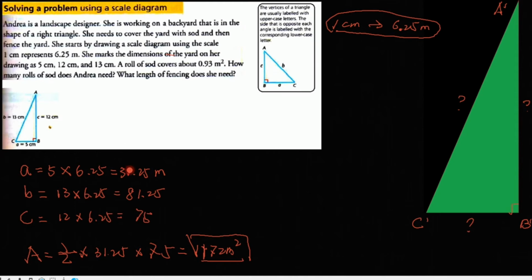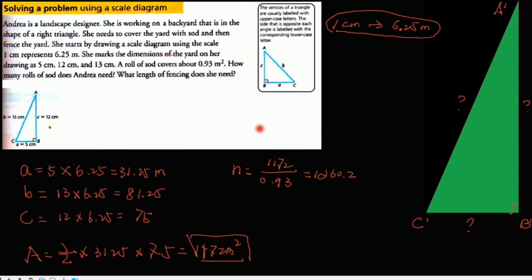So in order to find out how many rows of sod Andrew needs, we already know a row of sod covers about 0.93 square meters, right? For example, in n rows, the total area 1172 square meters divided by 0.93 equals, as already calculated, 1260.2.